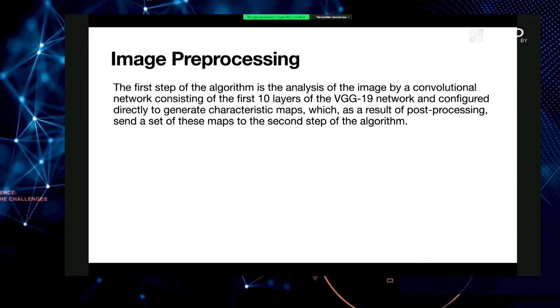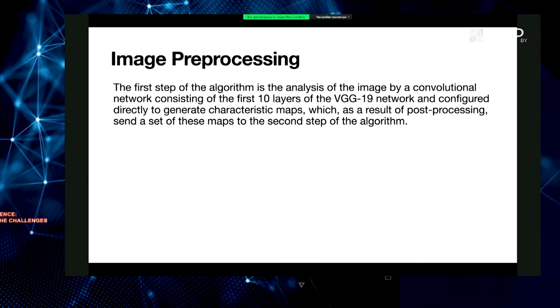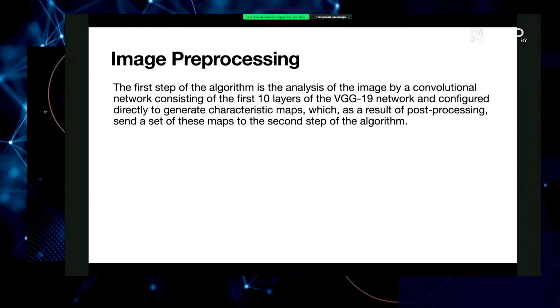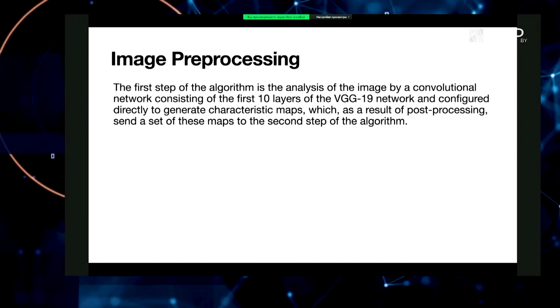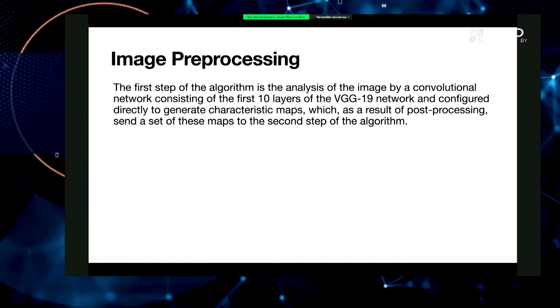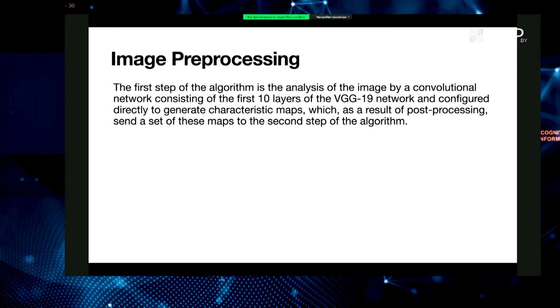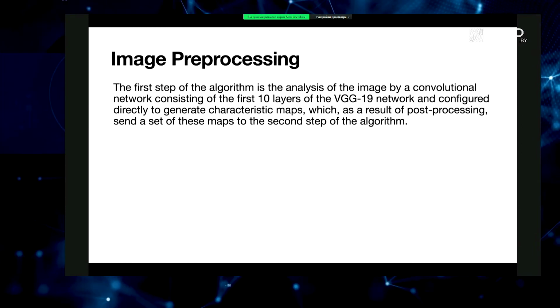So let's walk through all these stages. The first stage is image processing. It is a convolutional neural network, where we use the first 10 layers from the VGG19 network.